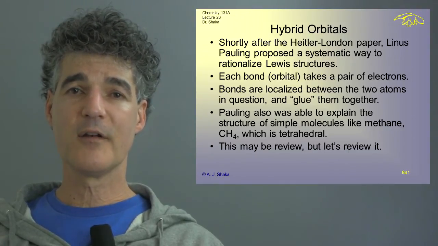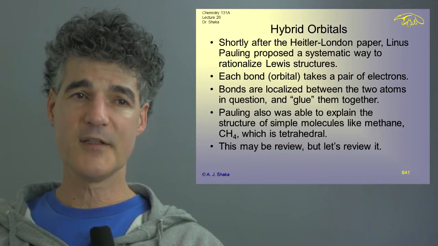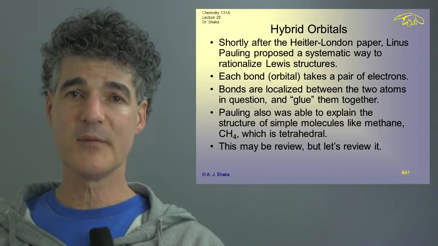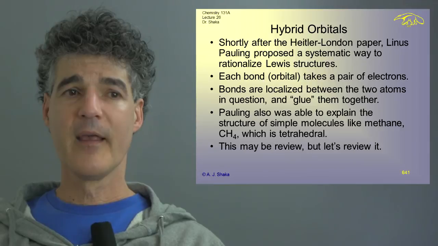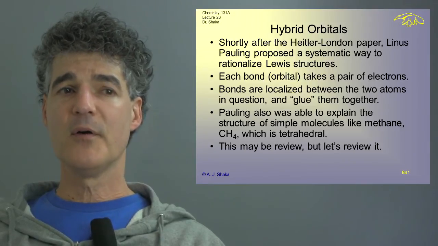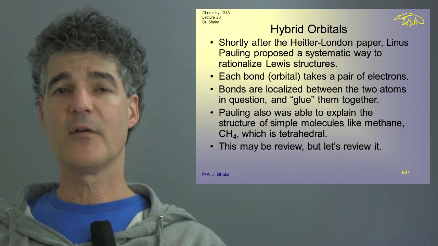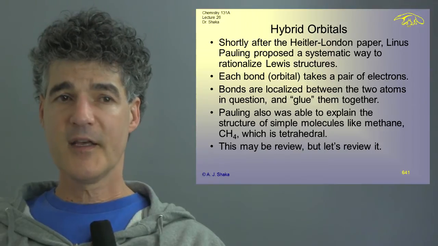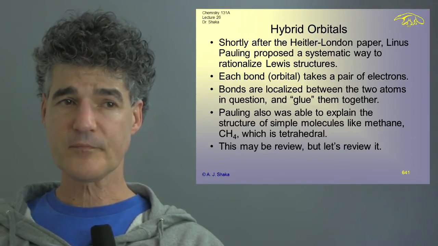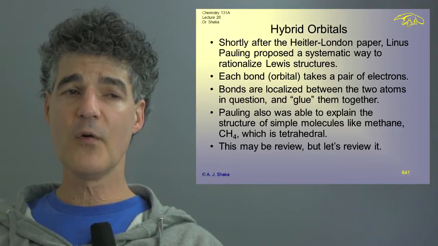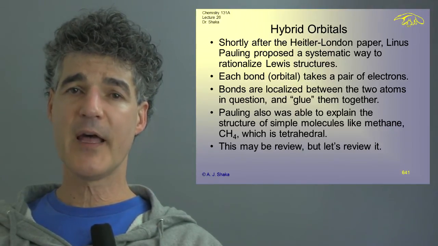And nobody wanted to throw that completely away unless you absolutely had to, because it seemed to be extremely useful to understand things. What Pauling proposed then is each bond or orbital takes a pair of electrons. That's the same as Lewis. And the bonds are localized between two atoms.